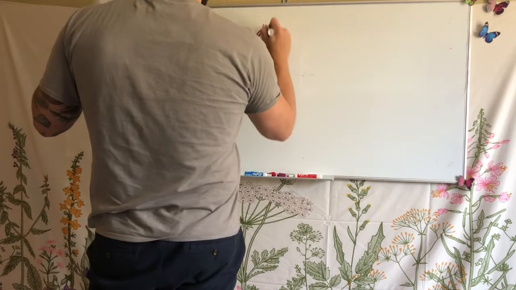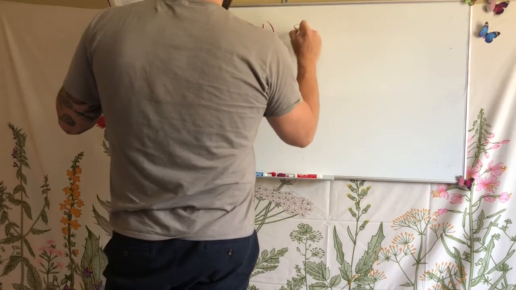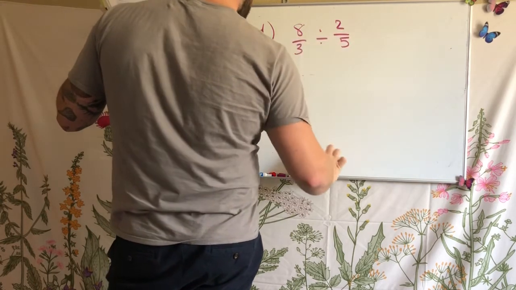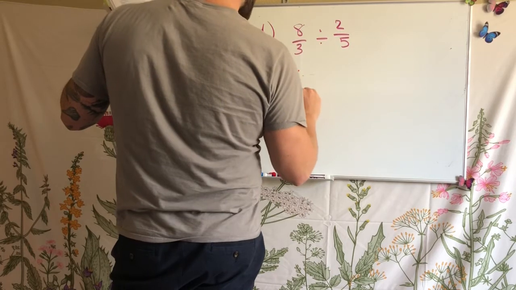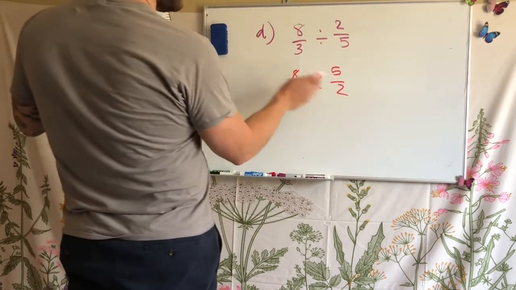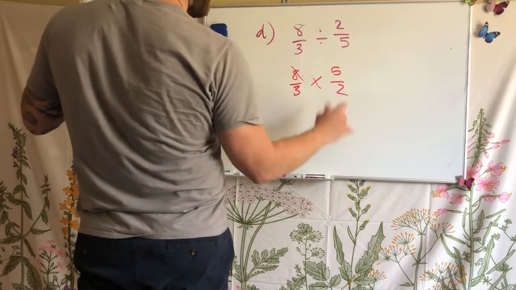Problem D. 8/3 divided by 2/5 equals 8/3 times 5/2. Those 8 divided by 2 is 4.